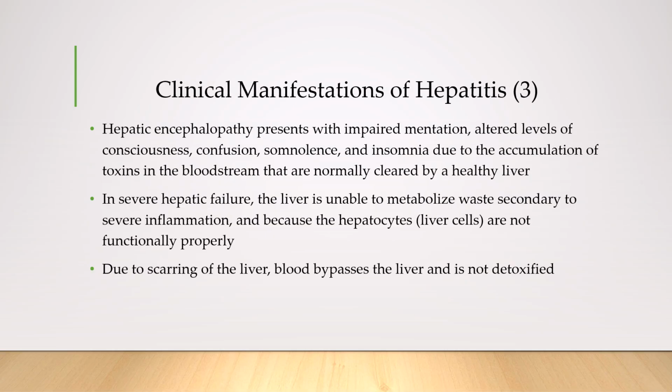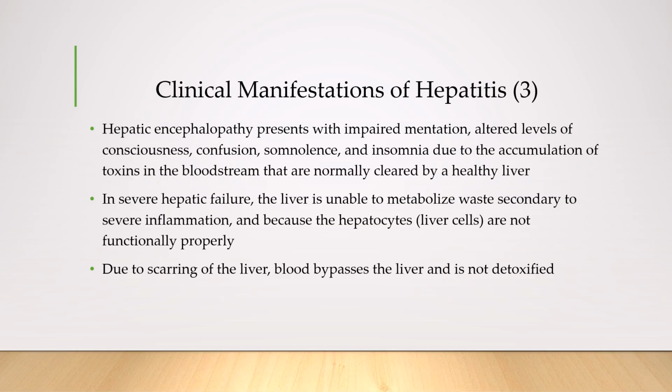So, hepatic encephalopathy will present with impaired mentation, altered levels of consciousness and confusion, somnolence, and insomnia due to the accumulation of toxins in the bloodstream that are normally cleared by a healthy liver.